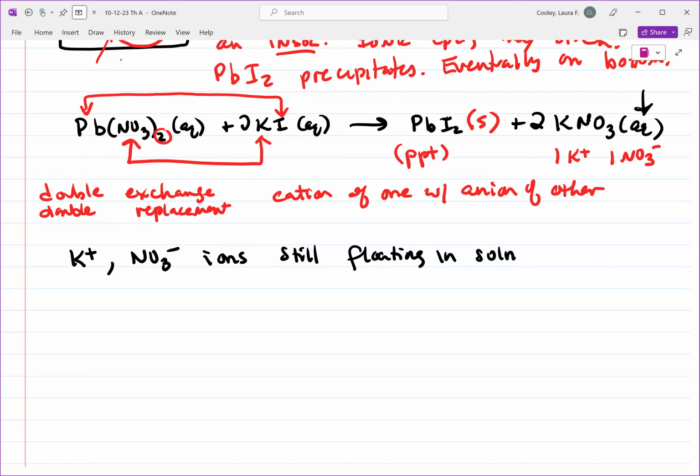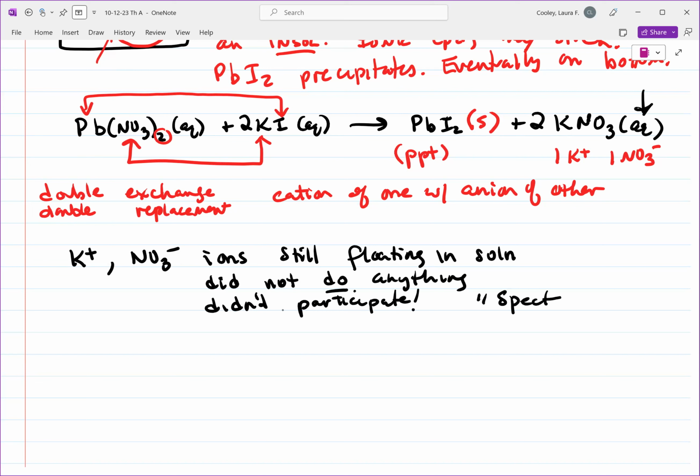And I think I need a 2 here. Okay, so I would say that these are still floating around in solution. They did not do anything. They didn't participate. So we call these spectator ions. That's what K plus and NO3 minus are. They're spectator ions.